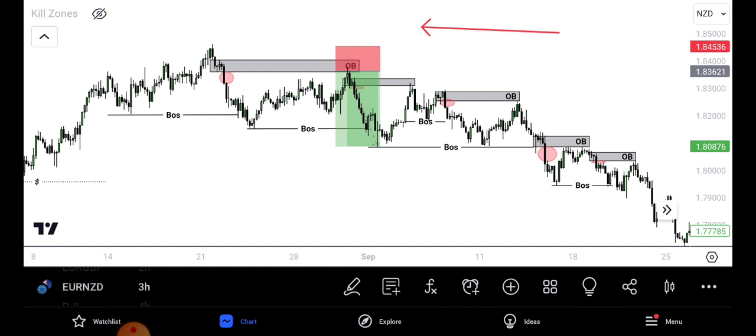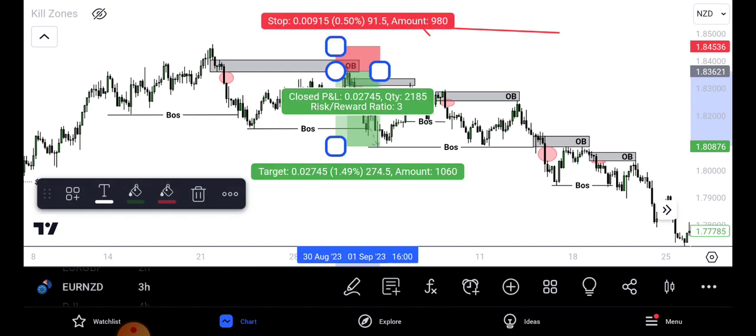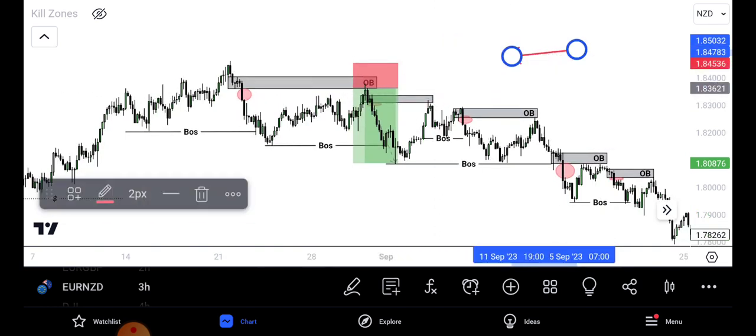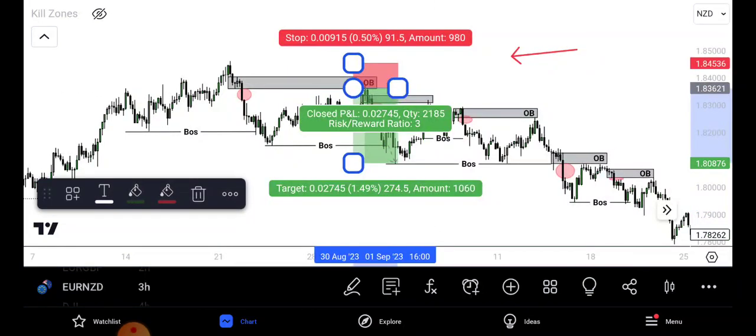What this simply means is for every 1% you risk, you make 3%. That means if you're risking $50 on this trade, you're going to be making $150 profit. That is a risk reward ratio of 3.